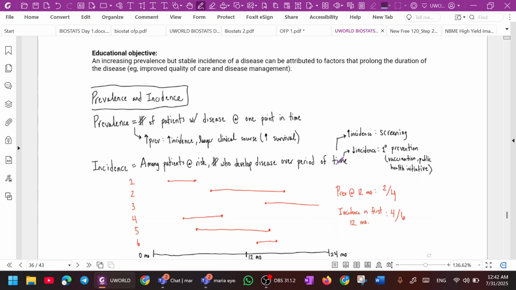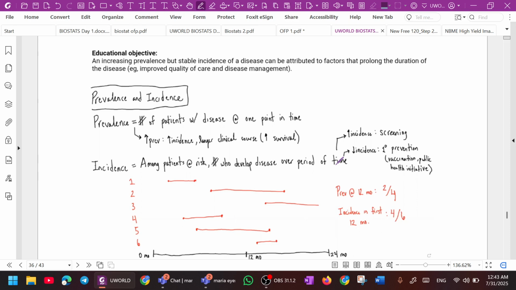Incidence is the period of time, from 0 months to 12 months. So incidence is not one point in time. It's not exactly at 12 months. It's from 0 to 12 months, from 12 to 24 months, from January to February, from 7 a.m. to 12 p.m., whatever. It is a period of time.